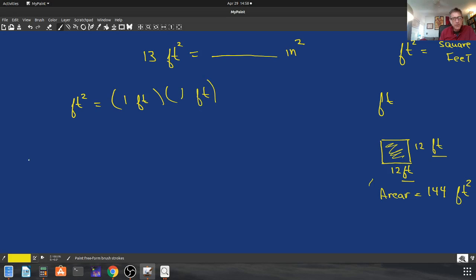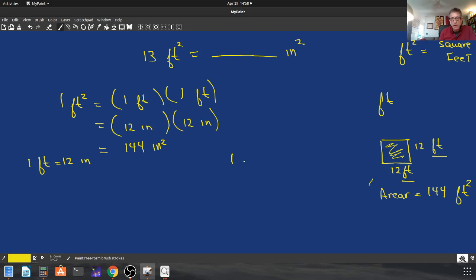And we know that 1 foot is equal to 12 inches. So I'm going to replace 1 foot with 12 inches there, and I get that 1 foot squared is equal to 144 inches squared.